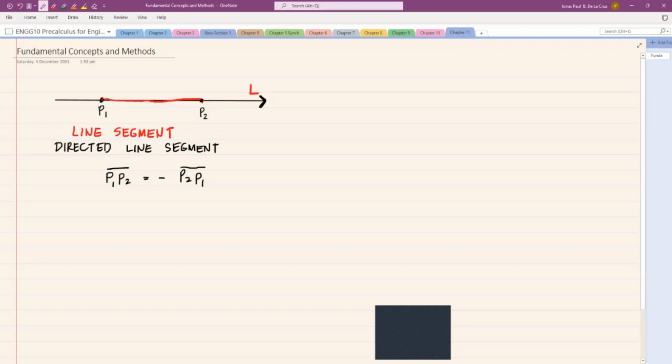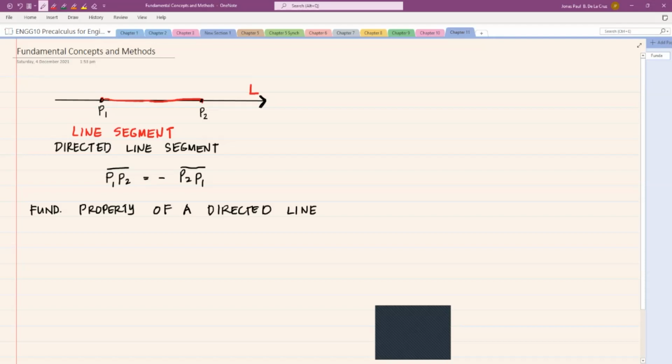Okay, ngayon, meron tayong tinatawag na fundamental property of a directed line. Yan.